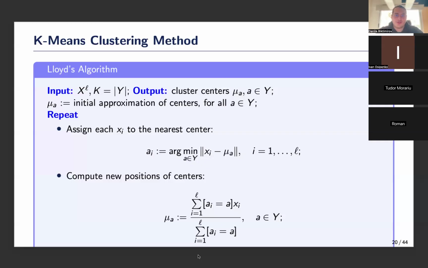The first question when selecting initial cluster centers is how to avoid placing centers in empty regions of the feature space when choosing centers from some random distribution.